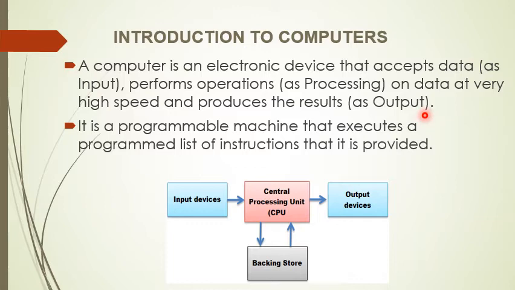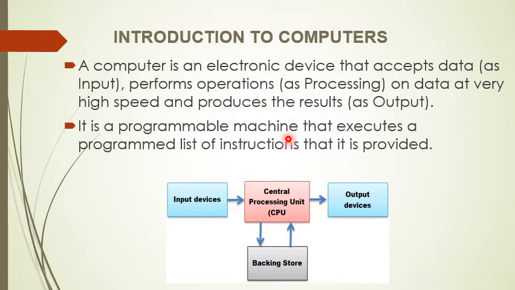Now, let's slightly enhance our definition with some extra words. Inputting is there, output is there, processor is there. Electronic machine, we know that. But if a program is not there, software is not there, again the computer system is useless. So we can say that it is a programmable machine.